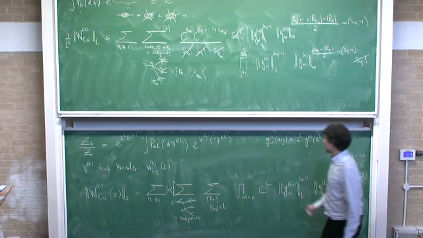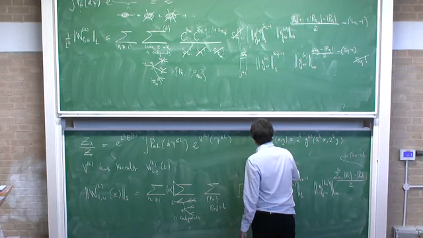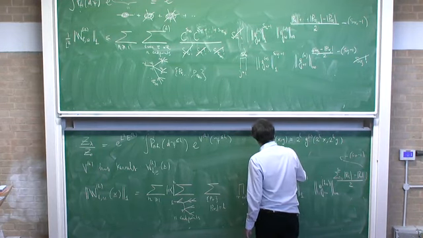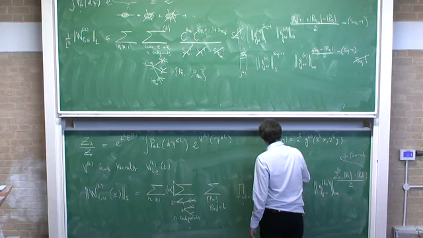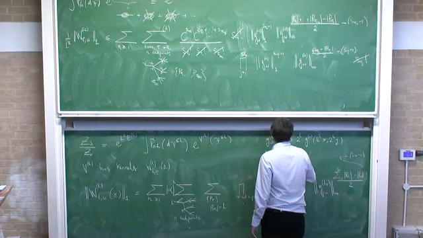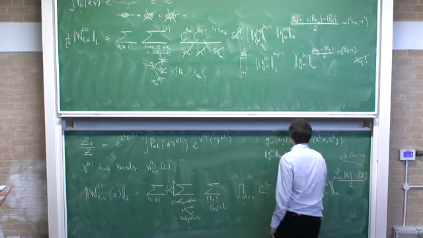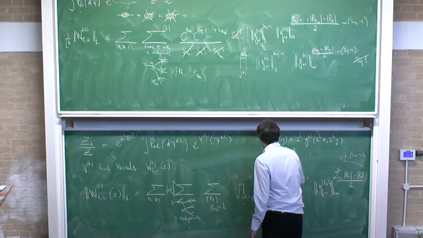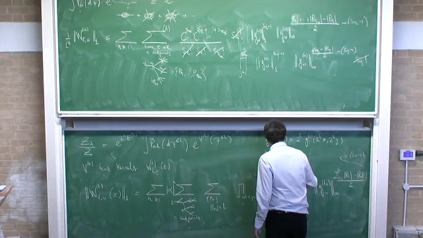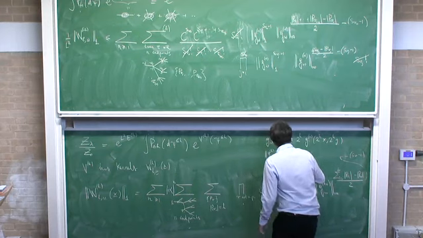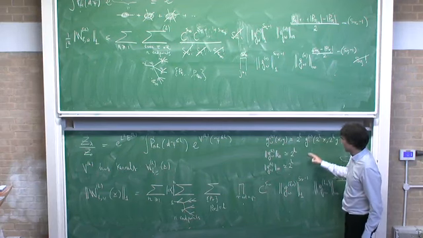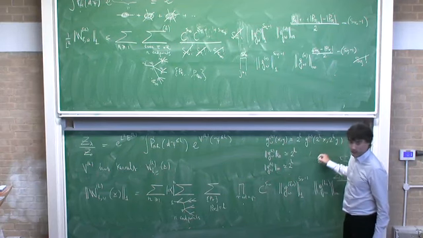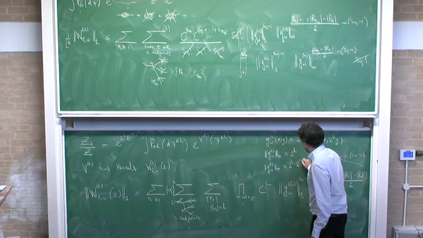This means that the L infinity norm of GH is essentially 2 to the h, while the L1 norm, recalling that we are in 2 dimensions, is 2 to the h times the contribution from the integral, which is 2 to the minus 2h.